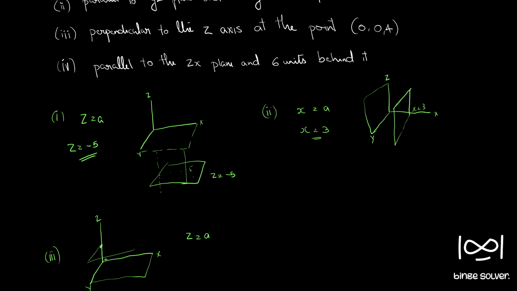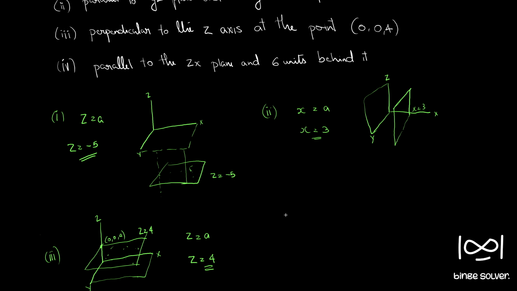Our plane will be of this form, where every point in this plane has z is equal to 4. Here it is 0, 0, 4. So a plane perpendicular to the z axis at the point 0, 0, 4 will be z is equal to 4. This is our required third equation.